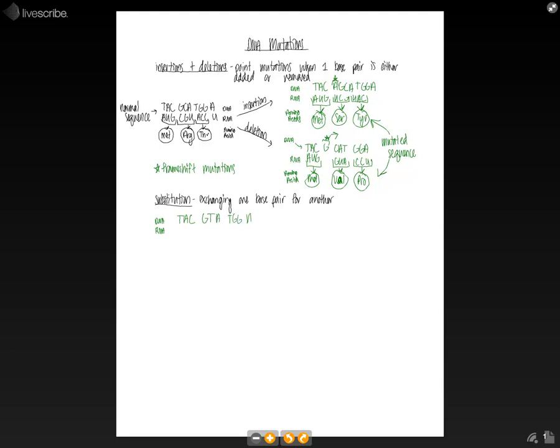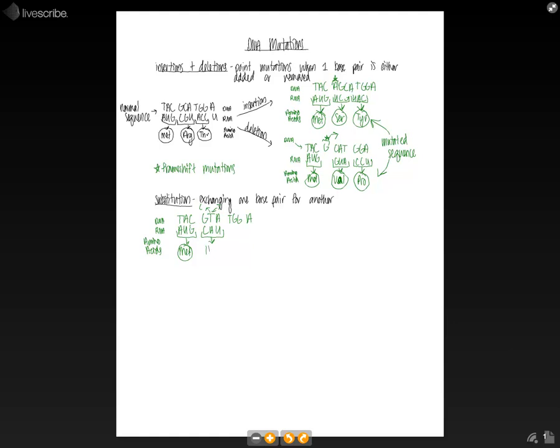And then the rest will just be the same. So we got rid of the C, we brought in this T. That's where our change happened. And so we write our RNA and then our amino acids. Again, the first one's the same because we didn't change anything.